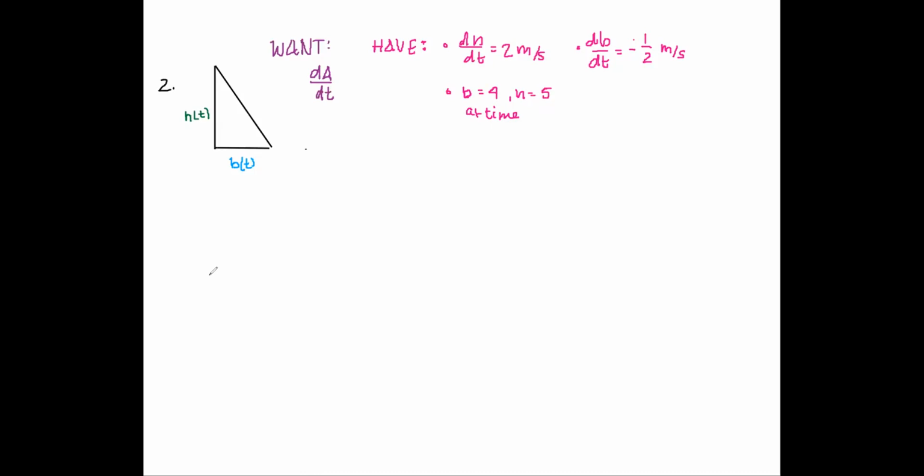Yeah. Okay. Do you remember the equation for the area of the triangle? 1/2 base times height. Awesome. So not only do we have the equation, we have it in terms of base and height, which are our variables. Next step.